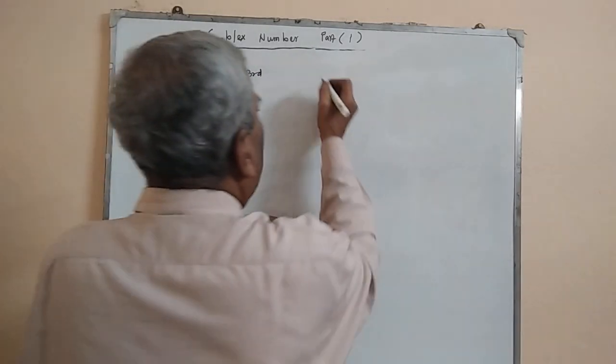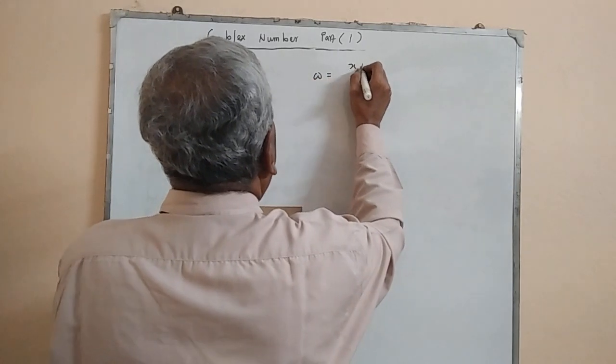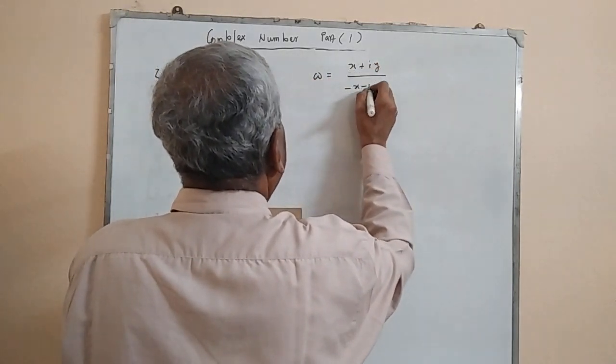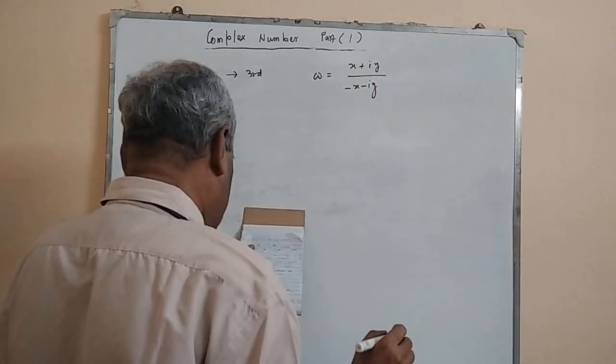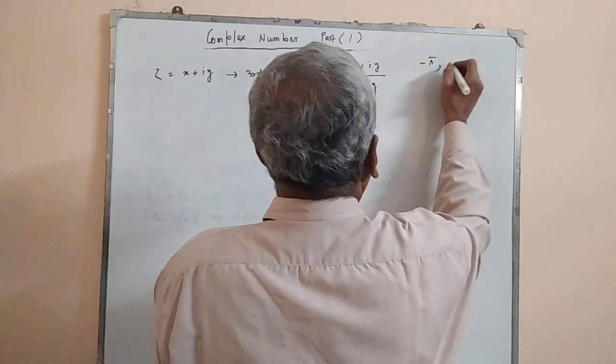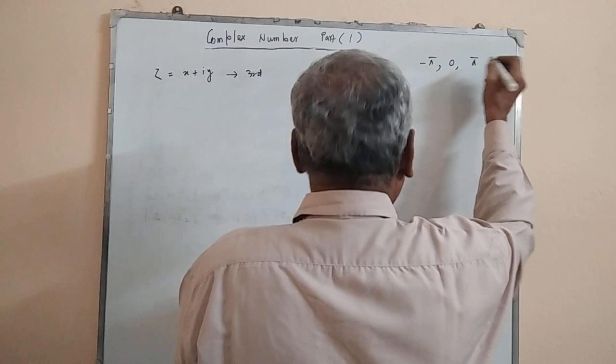Then the argument of omega, which is equal to (x plus iy) by (minus x minus iy), is: the options are minus pi, 0, pi and pi by 2.